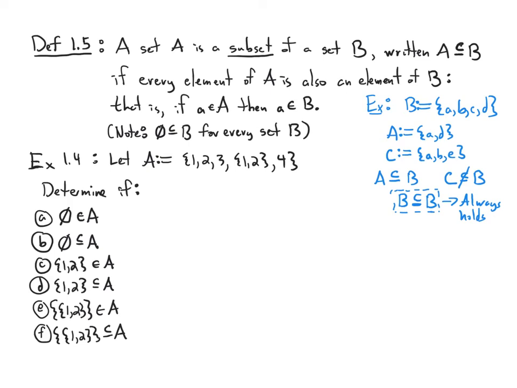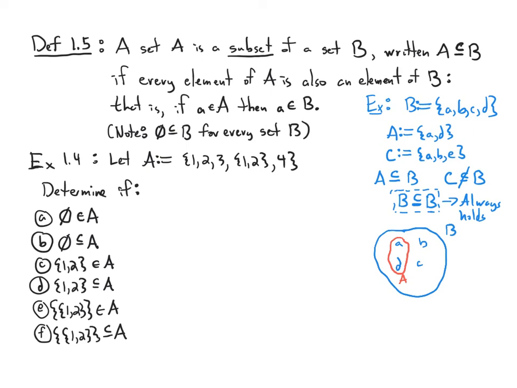And in fact, we could draw a little Venn diagram here. If this is B, and it has the elements A, B, C, and D in it, then A is this set here. It's contained wholly in B. So that's why A is a subset.